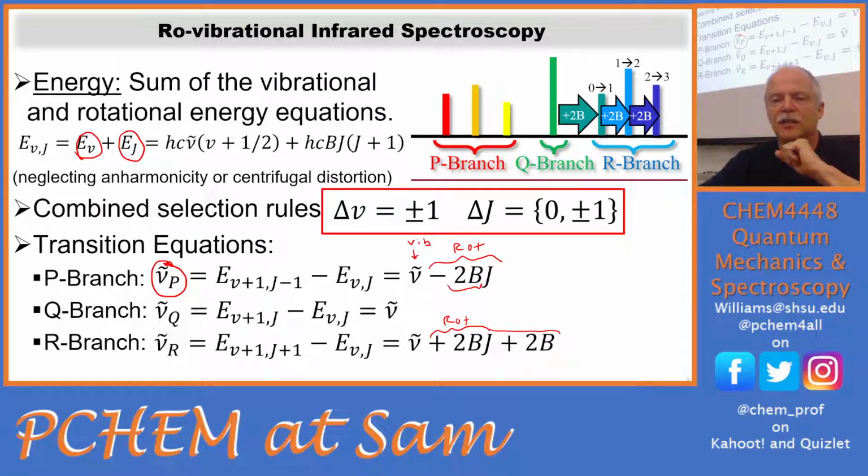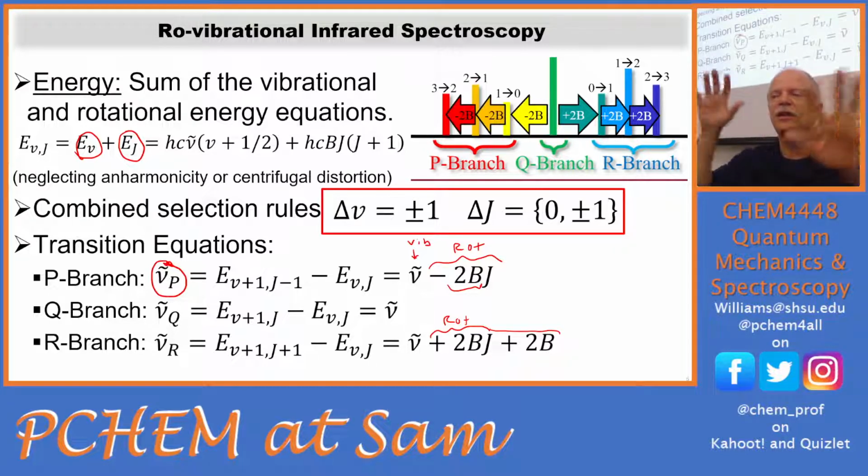Noticing the P branch is subtracting 2B for each of those, so that goes from the vibrational frequency down 2B. The next one goes another unit of 2B, and then the third one is another unit. So again, in all of these lines, the separation in absorption spectroscopy and emission in the infrared is 2 times the rotational constant.